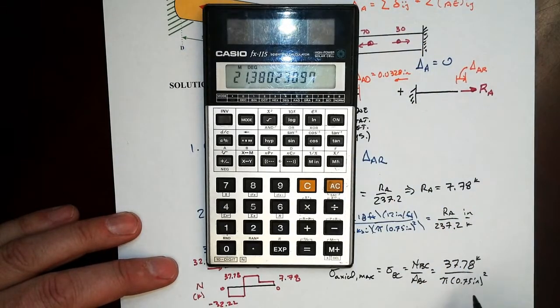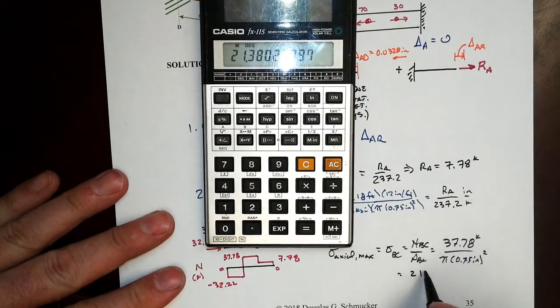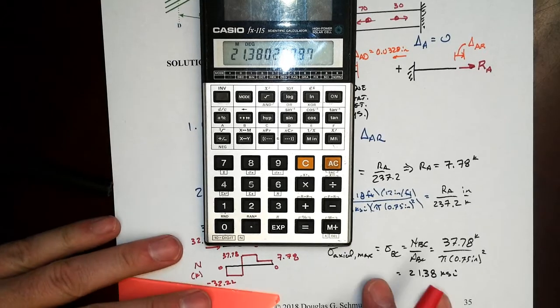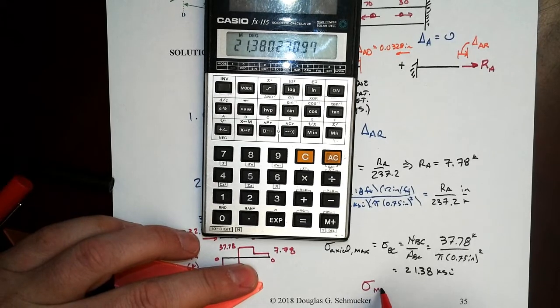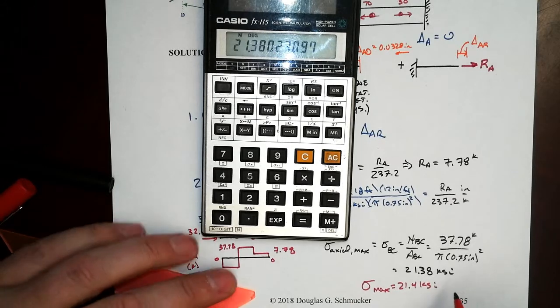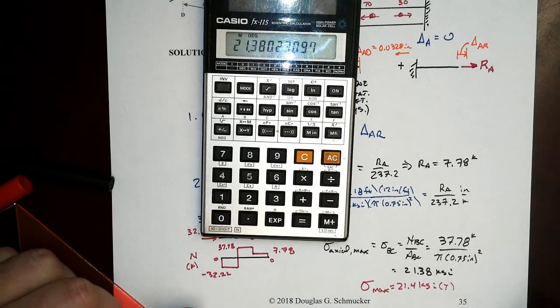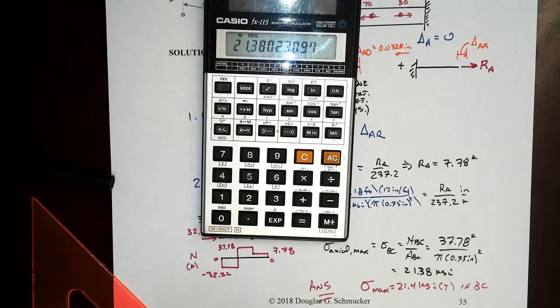You get our area, or 21.38 KSI, or let's just put this in nice appropriate language here. That sigma max equals 21.4 KSI. In this case, that would be tension. The max compression will be slightly less than that. That's in BC, and that's sort of the answer in terms of maxes.